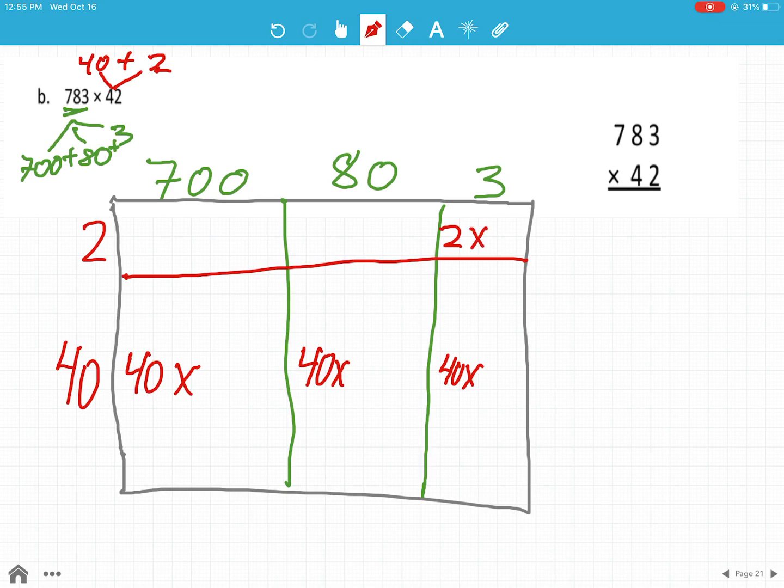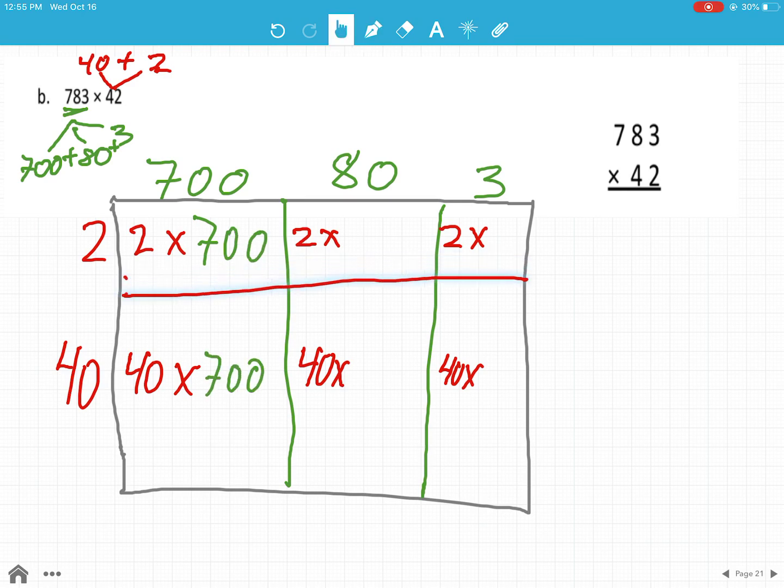All of these are going to be 2. Going down, we have 700 here. And over here we have 80. And then we have our ones. That's 3 ones.